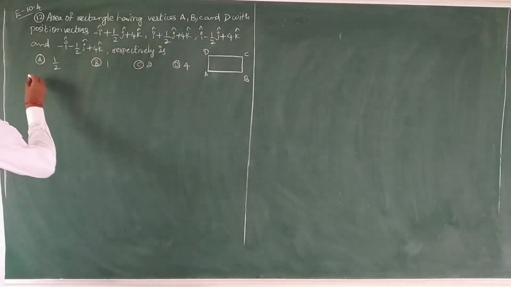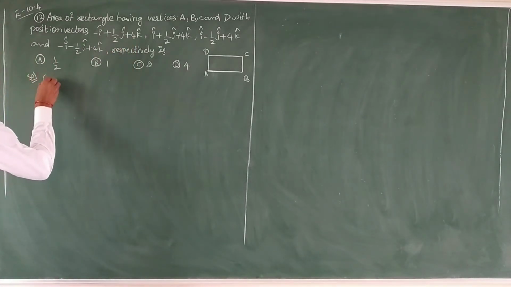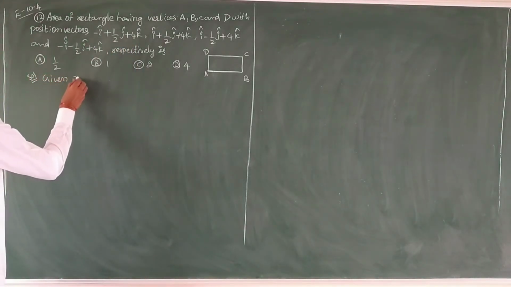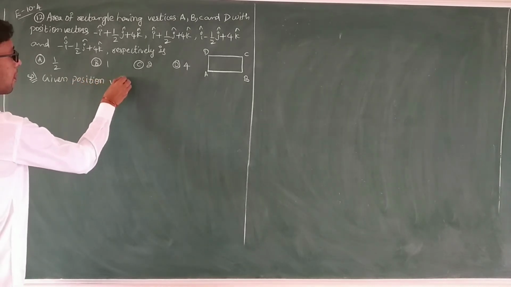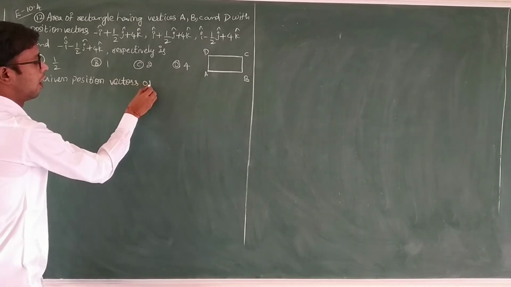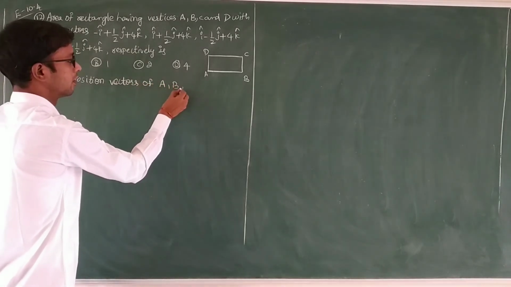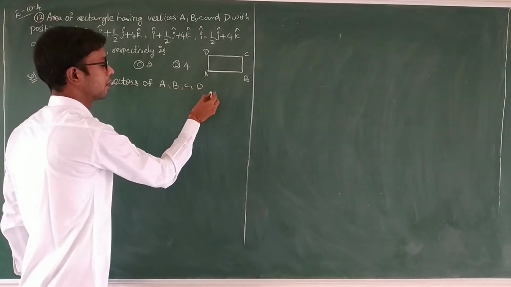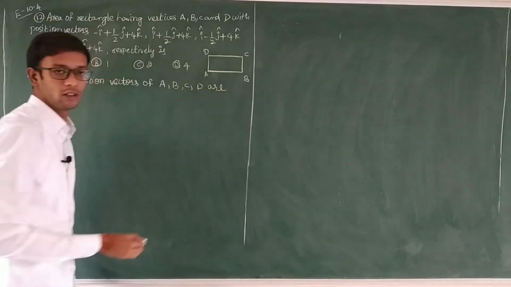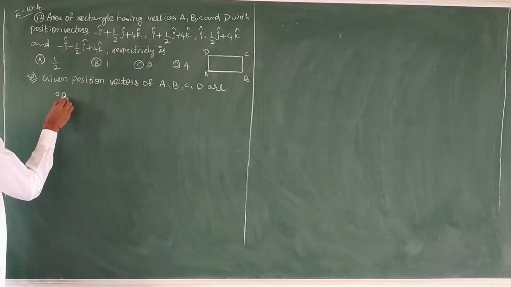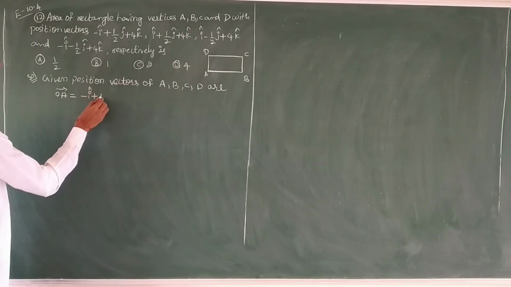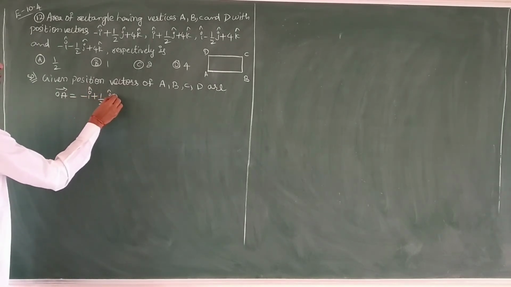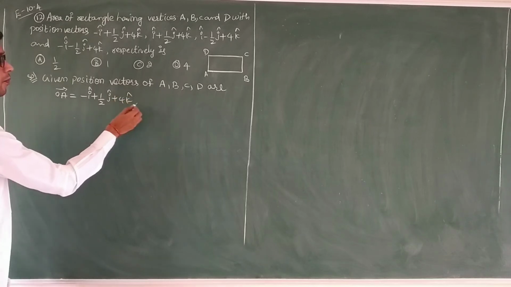So first I will write that. Given position vectors of A, B, C, D are: OA bar is equal to minus i cap plus 1 by 2 j cap plus 4 k cap.